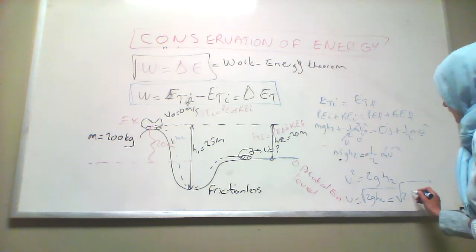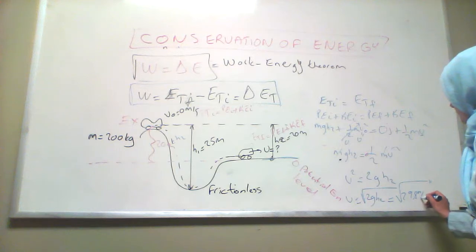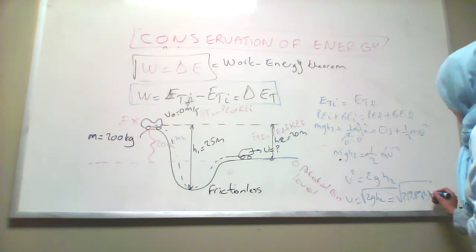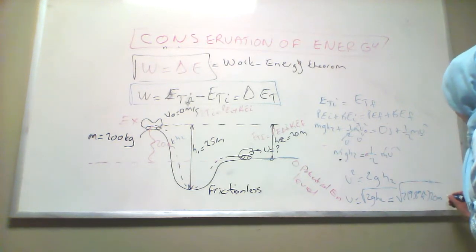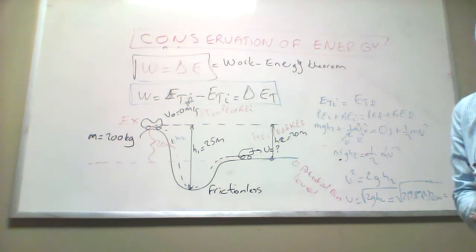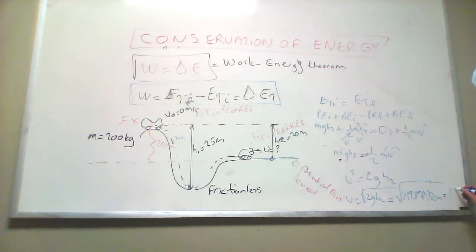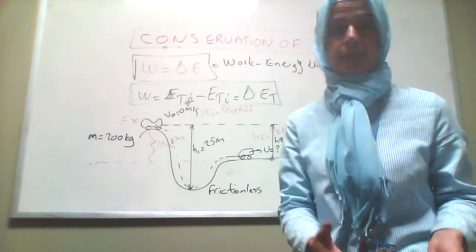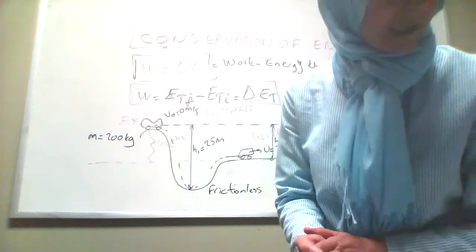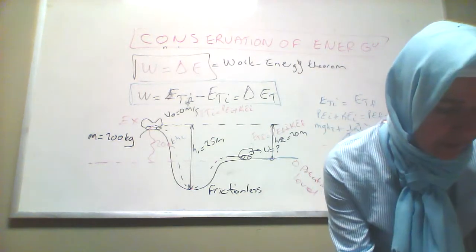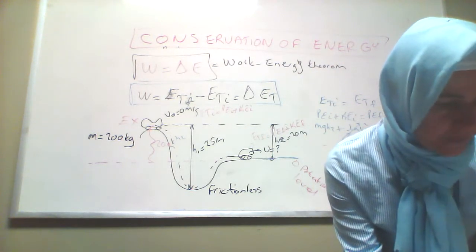Square root of 2 times 9.8 meters per second squared times 20 meters, and this should be about 19.79 meters per second. Please check that and make sure it's correct. Recalculate it, it will be a practice for you again, and you will be correcting me if I had a mistake there.